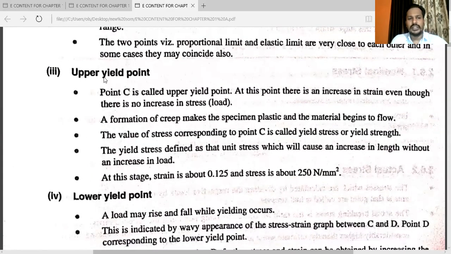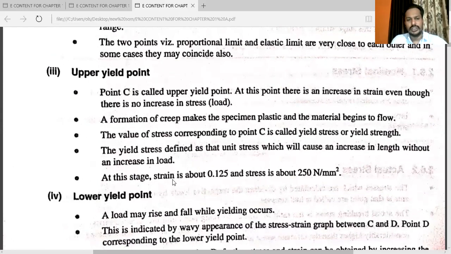The formation of creep makes the specimen plastic and the material begins to flow. The value of stress corresponding to point C is called the yield stress or yield strength. The yield stress is defined as that unit stress which will cause an increase in length without an increase in load.